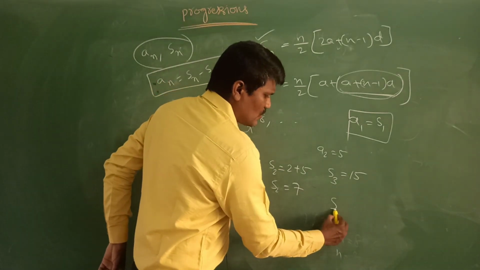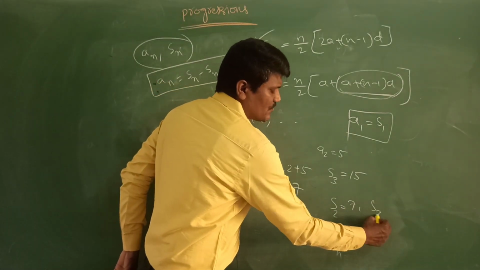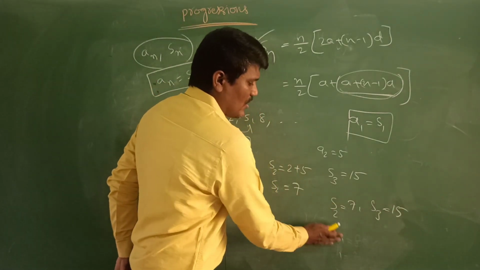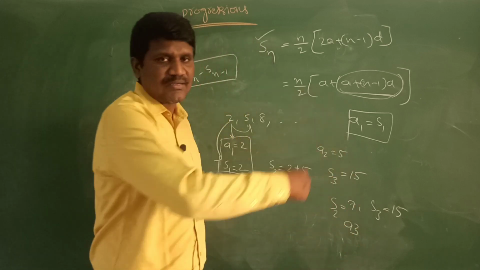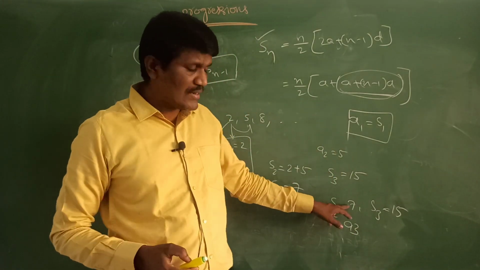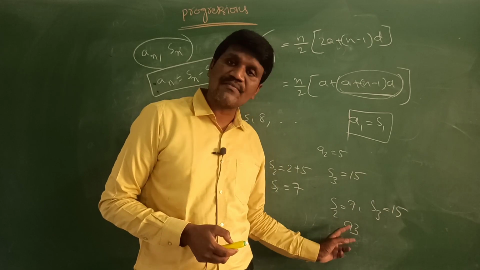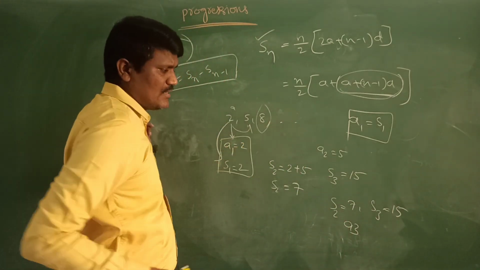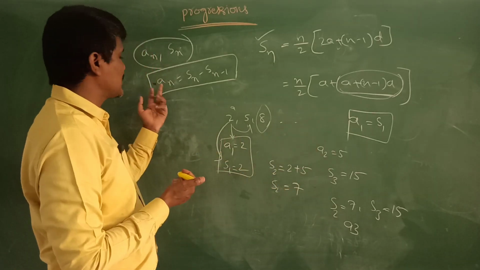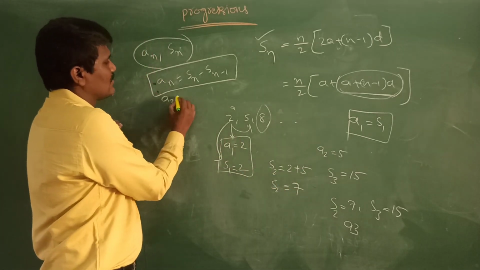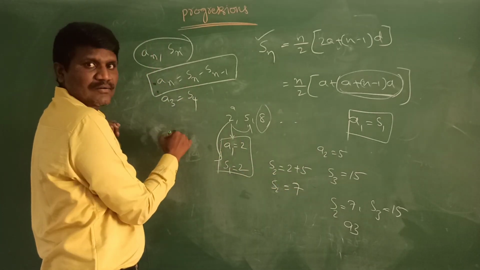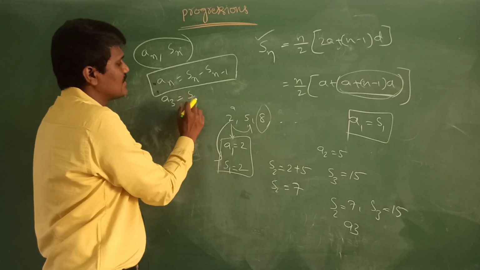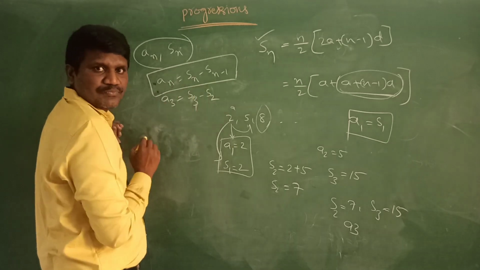So they may give a question like this: if S2 is 7 and S3 is 15, what is the value of a3? By using the formula, let us find out. a3 is nothing but S3 minus S2.